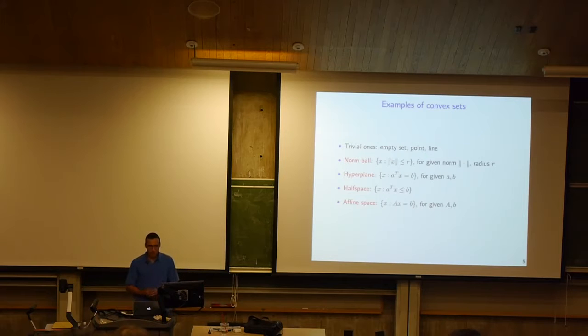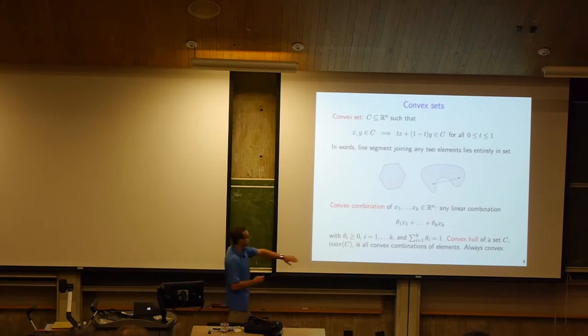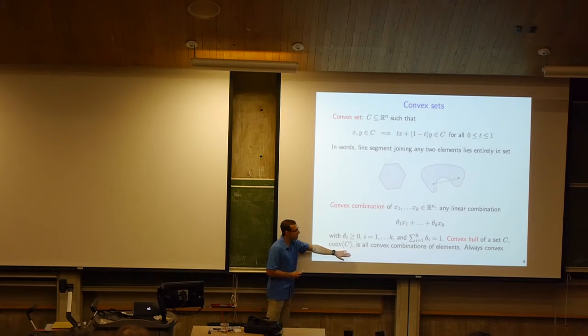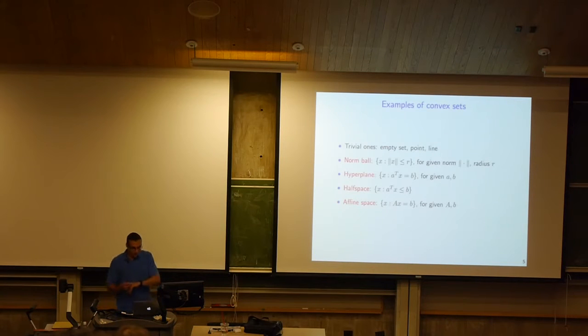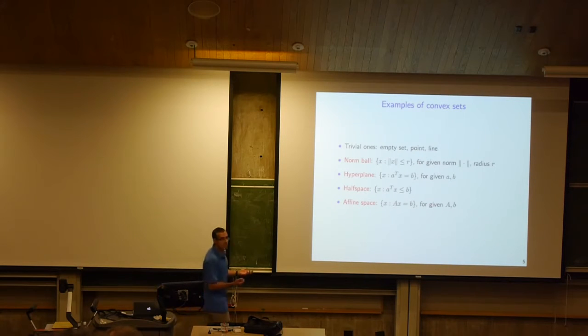So what are some examples of convex sets? And by the way, just to emphasize, the convex hull is always convex. Even if C was not convex originally, the convex hull of a set is always convex, just by construction. There are some trivial examples, like the empty set is convex.